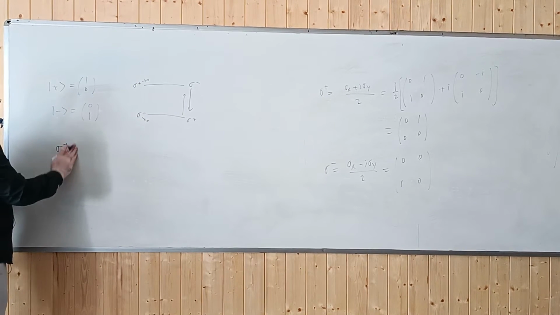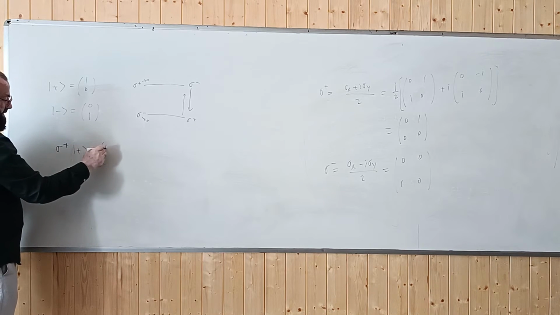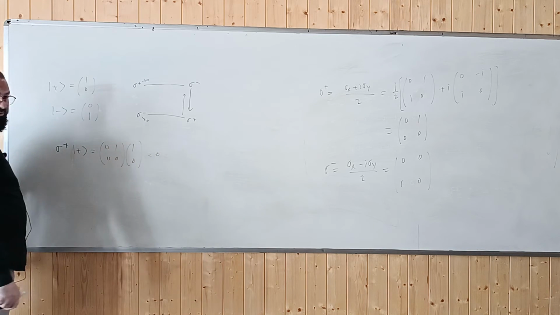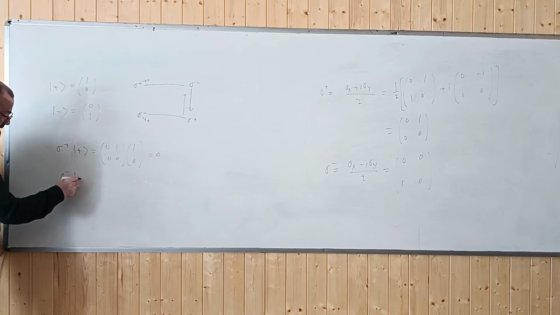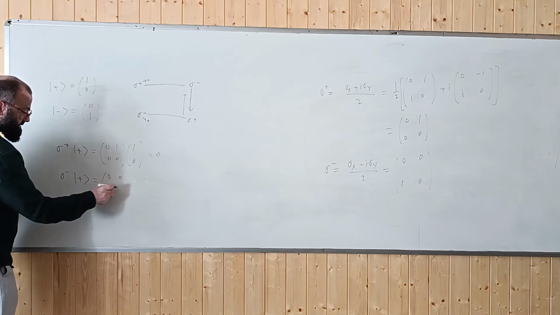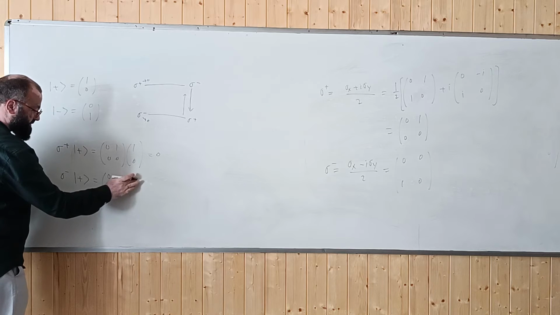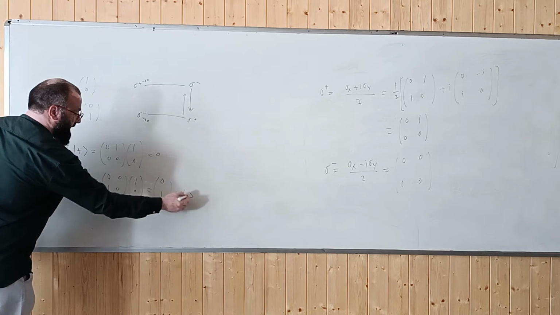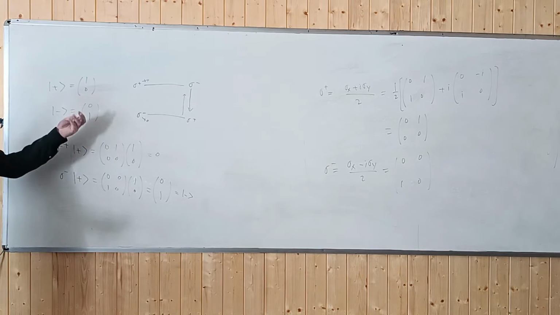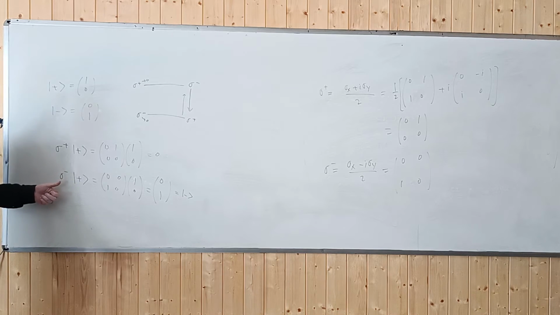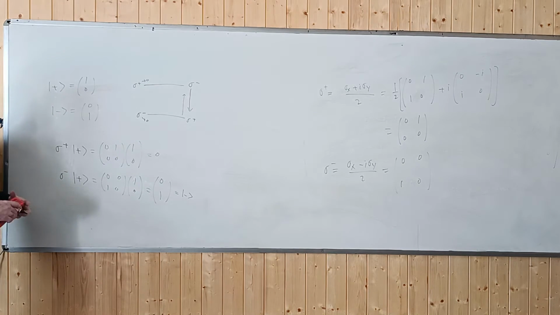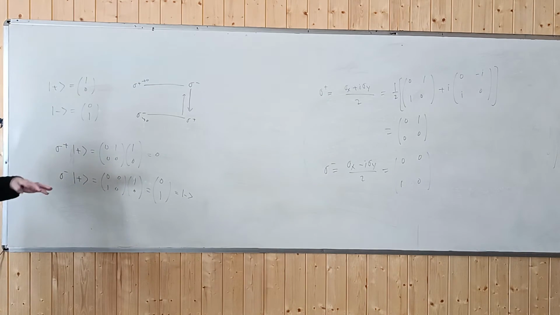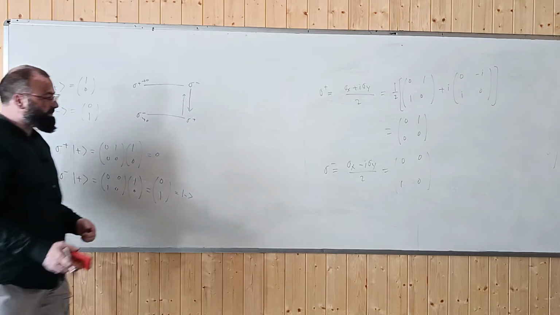Sigma plus, 0, 1, 0, 0, acting on 1, 0 gives 0. Now sigma minus, 0, 0, 1, 0, acting on 1, 0 gives 0, 1, the down state. Similarly, you can do the other way around: apply sigma minus and then sigma plus. So do the rest of the things. That's why we call sigma plus and sigma minus raising and lowering operators.